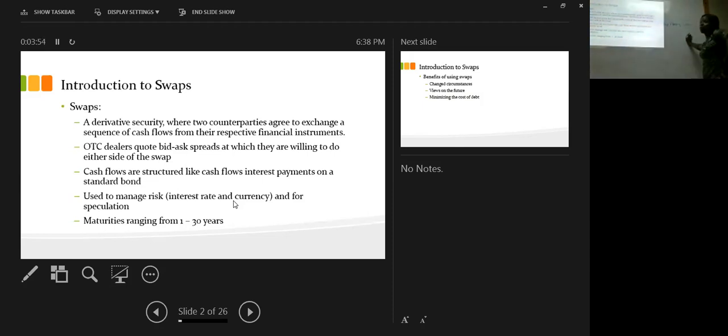There's a swap dealer, the person that gets the spread. So they would pay fixed payments to the dealer, moving from floating to fixed payments, and they will receive floating from the dealer.